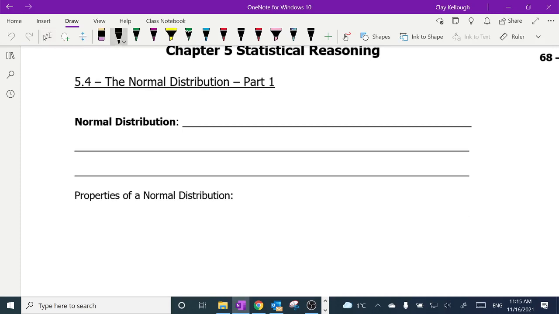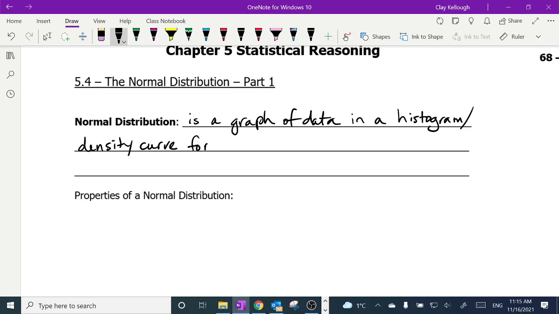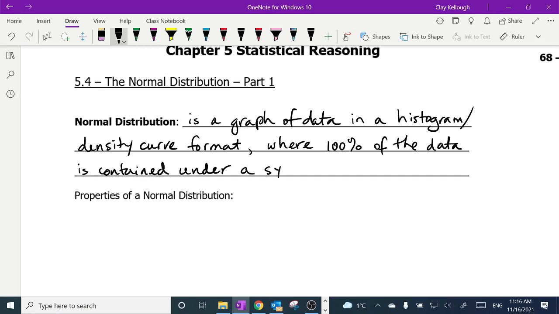So the normal distribution is a graph of data in a histogram, I should say histogram slash density curve, format, where 100% of the data is contained under a symmetrical curve, and we'll use the same words they do.